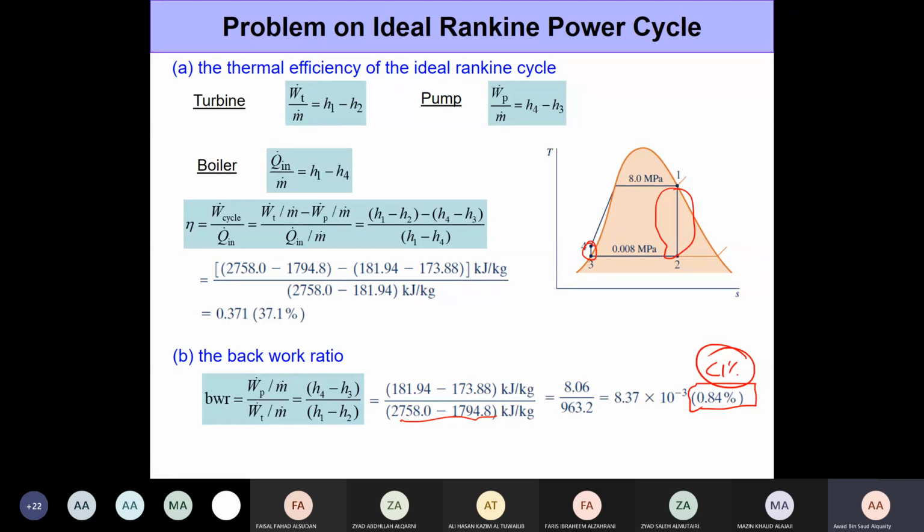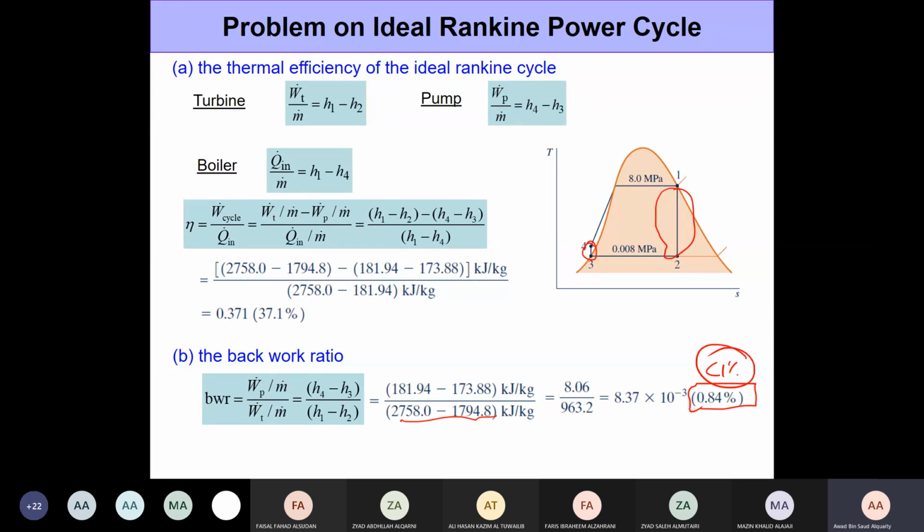That's why a lot of systems, whether solar thermal, whether it's nuclear, whatever fuel you use to heat up the working fluid, a lot of these systems depend on the Rankine power cycle to generate power, simply because it makes sense from the backwork ratio point of view. Remember, this backwork ratio of less than 1% is not always going to be the case for all cycles.